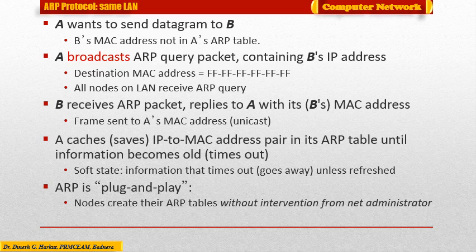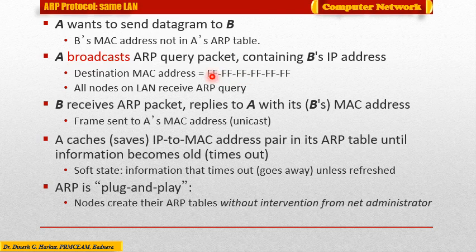Returning to our example, the source host passes an ARP query packet to the adapter along with an indication that the adapter should send the packet to the MAC broadcast address, namely ff-ff-ff-ff-ff-ff.